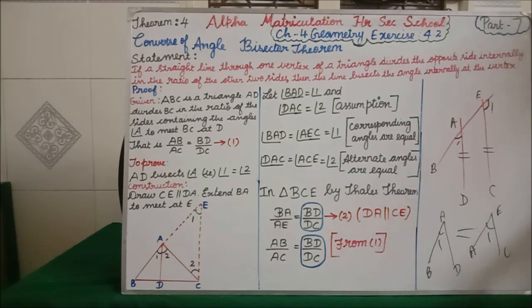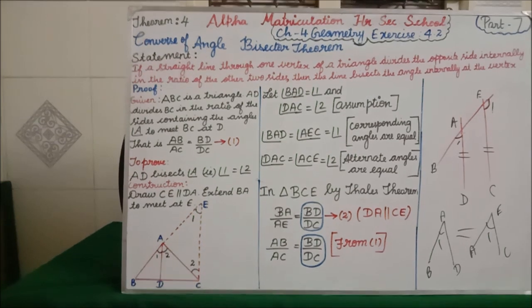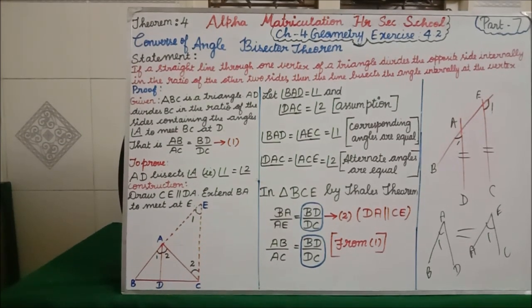Clear? In the angle bisector theorem, we have learned about alternate interior angles, isn't it? Alternate interior angles means what?